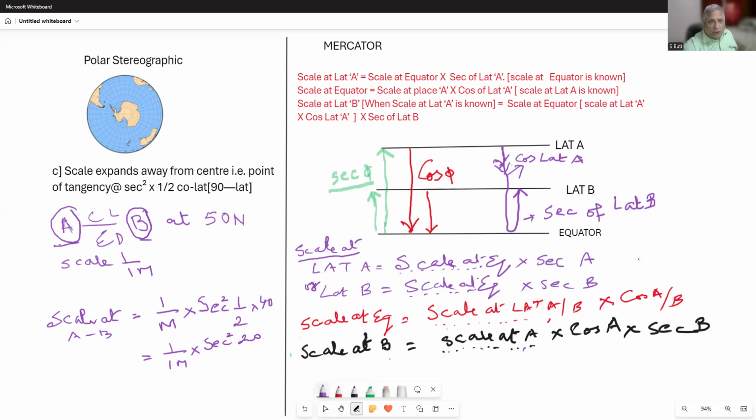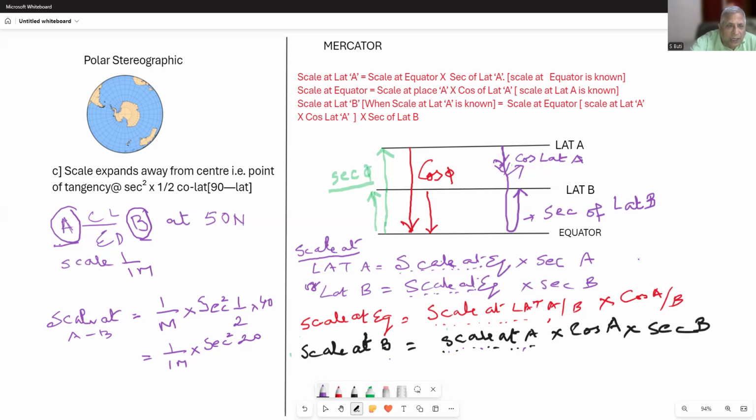For the Mercator questions, he could give you a scale at the equator and tell you that these two places are located at latitude A. So he gives you chart length, he says calculate Earth distance, or vice versa. So what I need to know is, in these questions, what is given to me? Scale at equator.